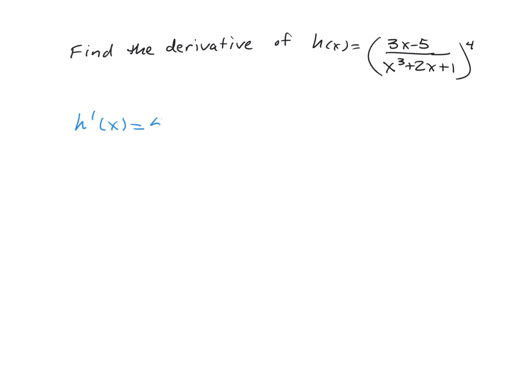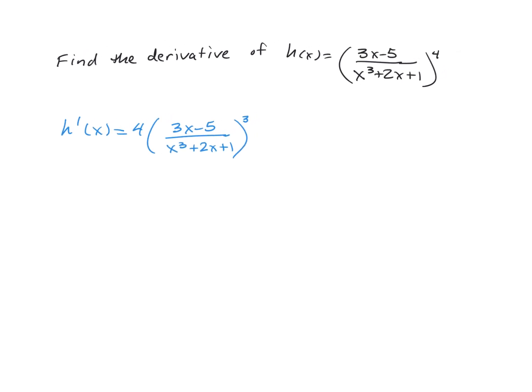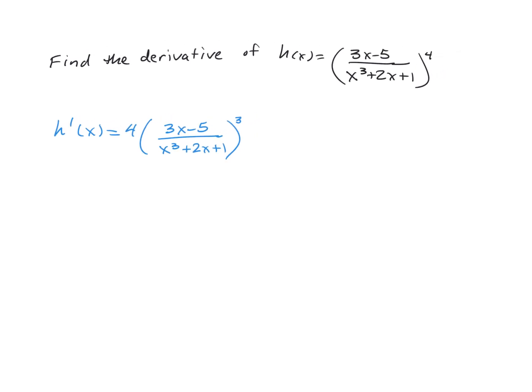So we're going to have 4 times that quantity, (3x - 5) over (x cubed + 2x + 1), now raised to the third power. And now we have to multiply that by the derivative of the inside, and that derivative of the inside is going to require us to use the quotient rule.